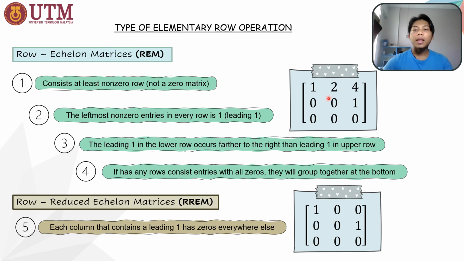Alright, actually, for the elementary row operation, the relationship between the elementary row operation and REM and RREM, the question may ask you guys, for example, if given a matrix, to make it become a row echelon matrix.